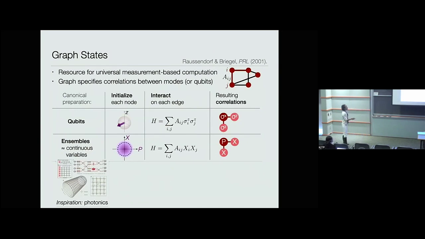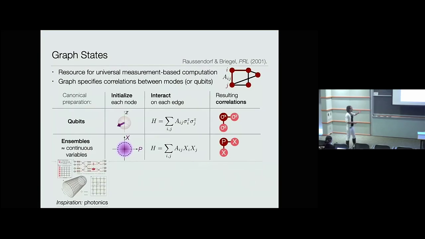So the version of this that we're going to be thinking about is more inspired by photonic systems, where one deals with continuous variables. The reason for that mapping is we're dealing with these large collective spins, which to lowest order we can just think of in terms of the quantum fluctuations in the two directions transverse to the mean spin. I'm just going to call those directions x and p.